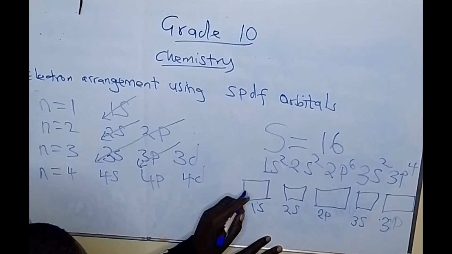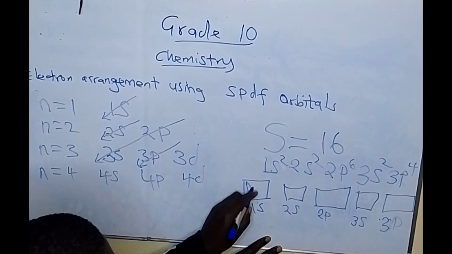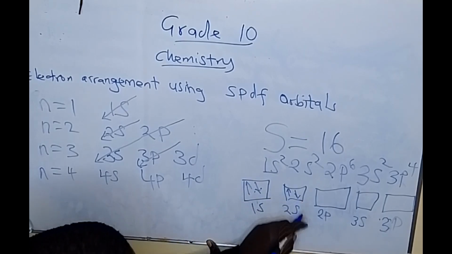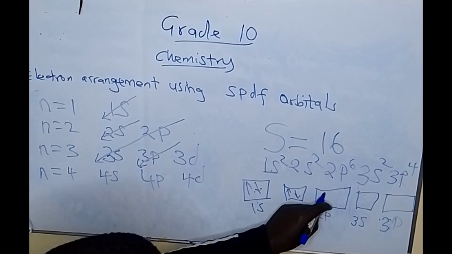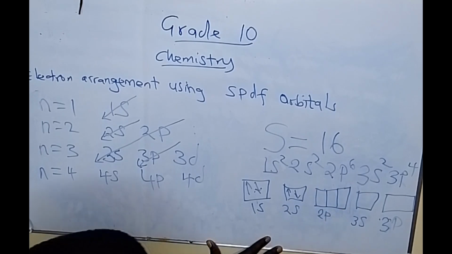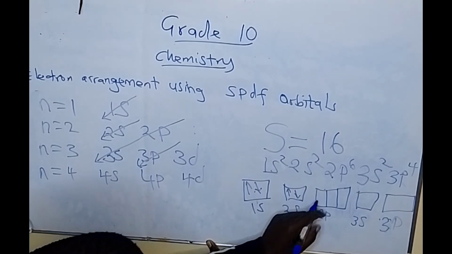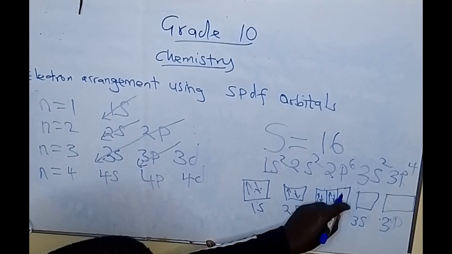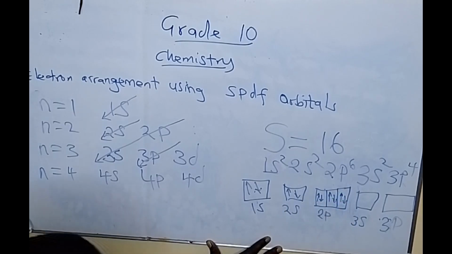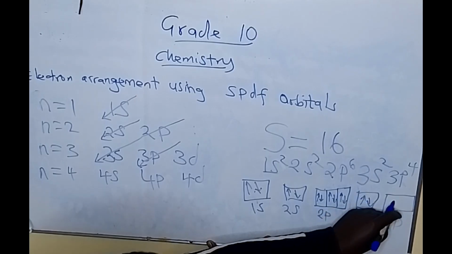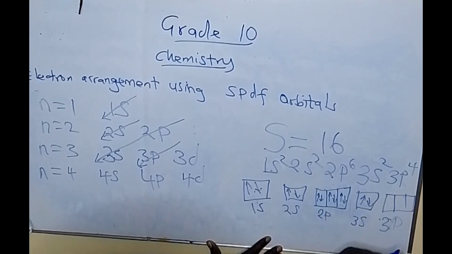So this is complete. This is complete also. This is complete. We subdivide the p into 3 portions, like that, because they are complete.